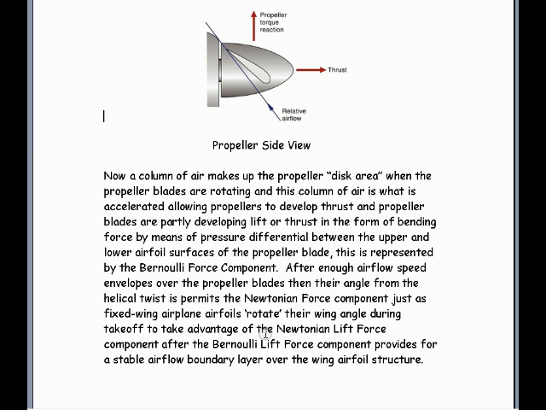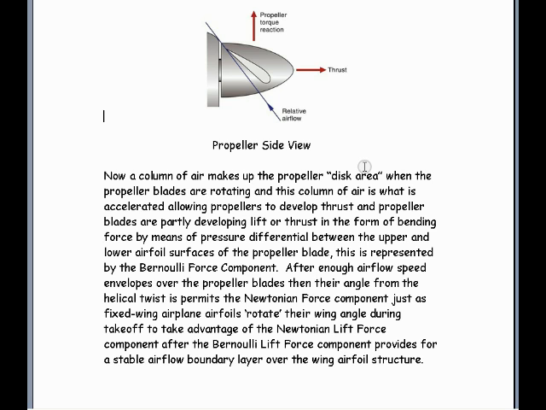Now, a column of air makes up the propeller disc area when the propeller blades are rotating, and this column of air is what is accelerated, allowing propellers to develop thrust. Propeller blades are partly developing lift or thrust in the form of bending force by means of pressure differential between the upper and lower airfoil surfaces of the propeller blade. This is represented by the Bernoulli force component.